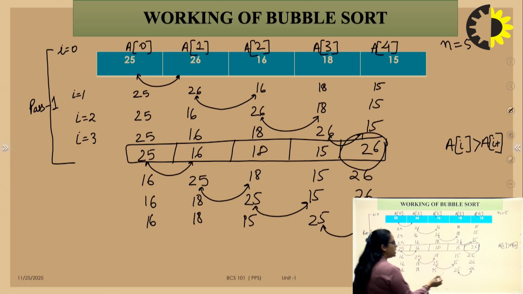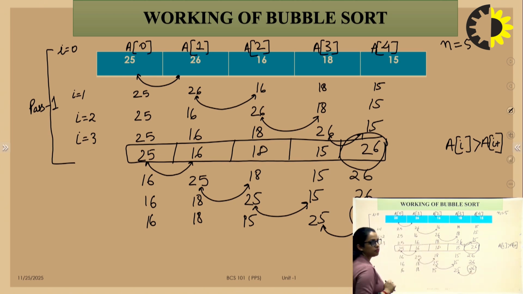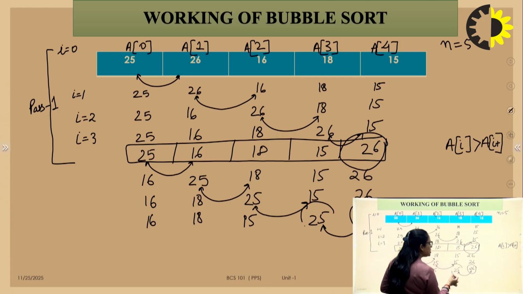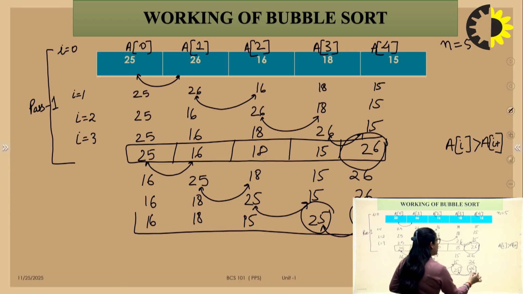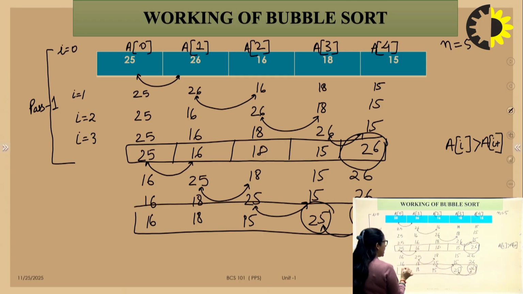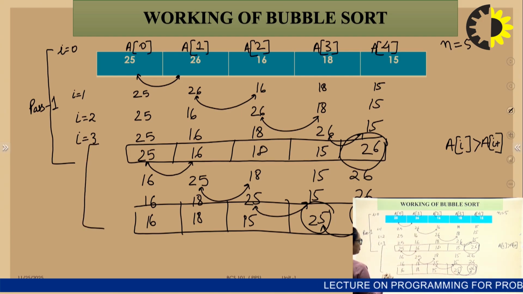So if 26 got placed at the last position after the first pass, then at the end of the second pass we have received the second largest value also placed at its correct position. Correct? This is how our sorted array looks after the second pass. So this is pass 1 and this is pass 2.